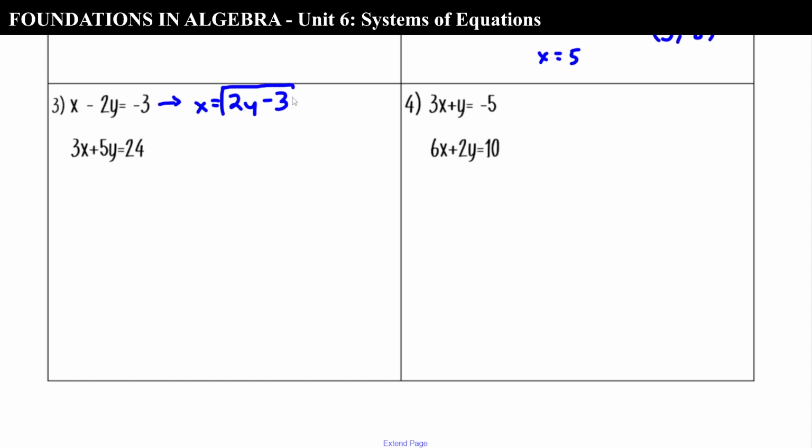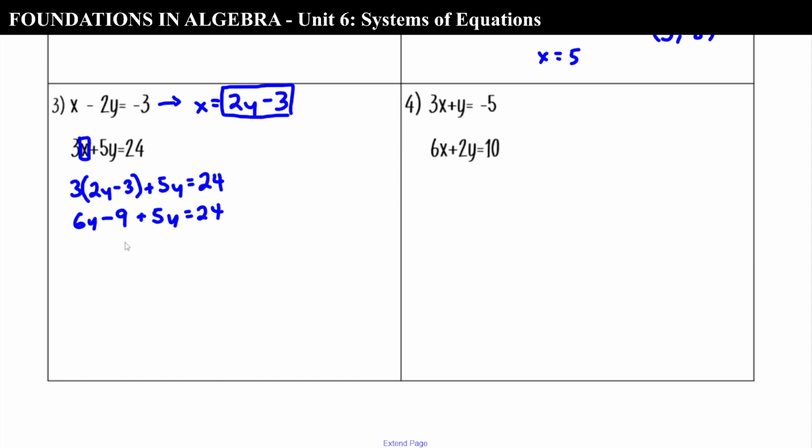I'm going to take this value for x, and I'm going to substitute that in here. So that's going to give me 3 times 2y minus 3 plus 5y equals 24.